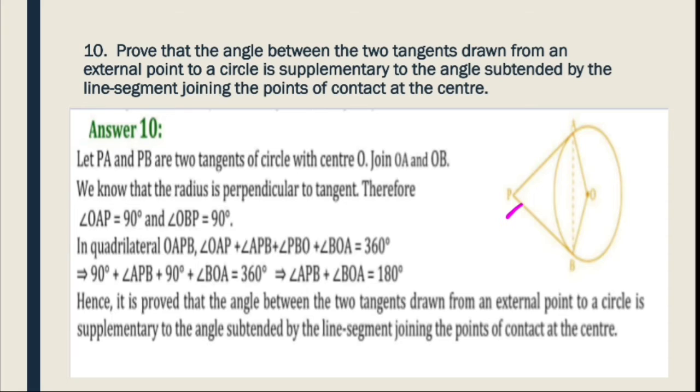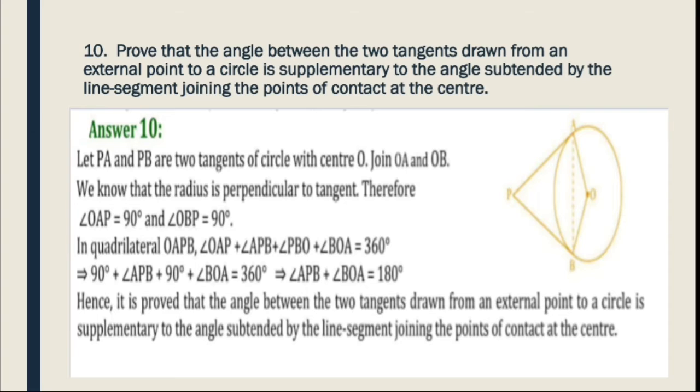From this P you can draw two tangents to the circle. Suppose the tangents are PA and PB. Now you have to prove that this angle APB is supplementary with angle AOB.